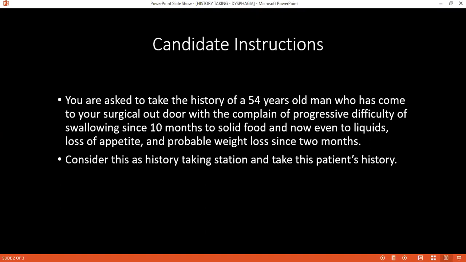Okay. Do you have any past medical or surgical problems? Previous medical or surgical illness? What do you mean by medical problem? Do you have any diabetes, gastritis, that type of problem? No, no stomach problem.